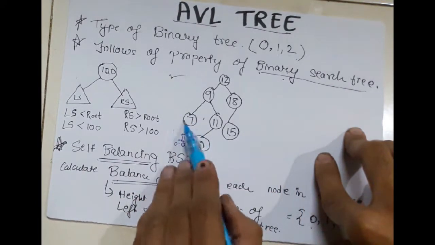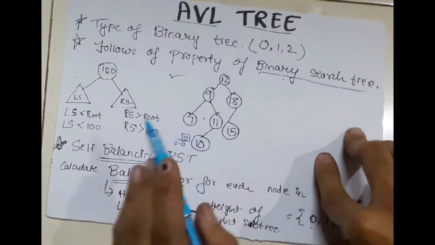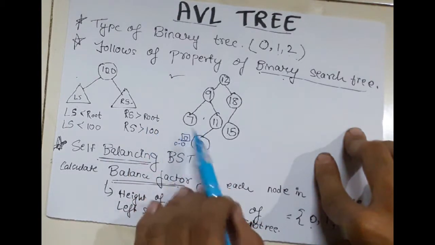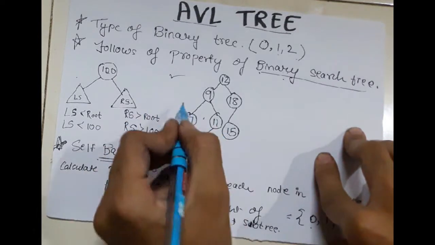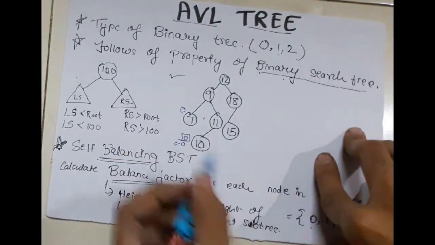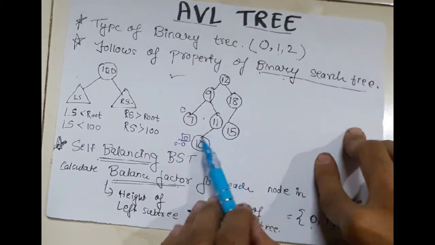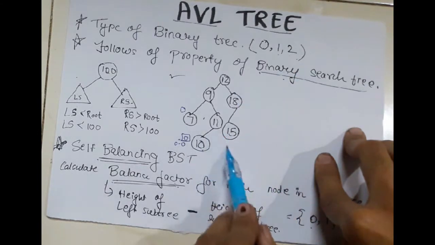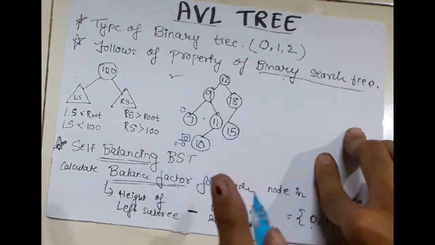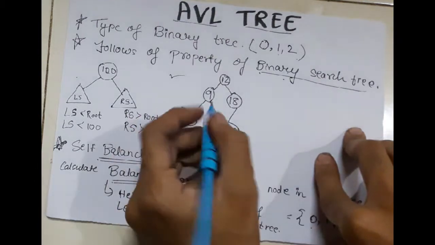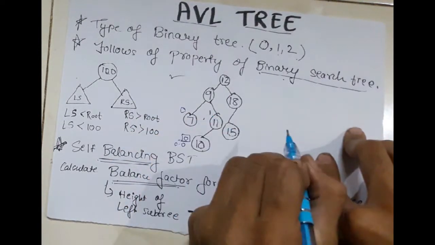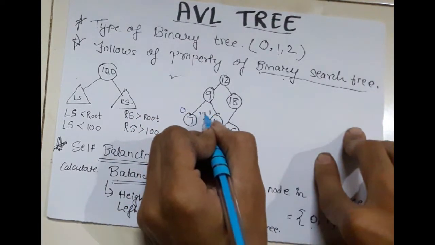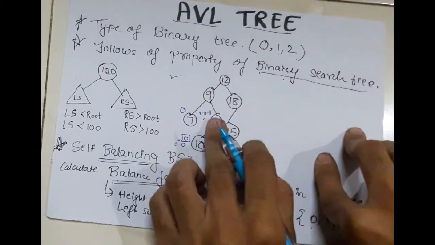So right and left subtrees of this node 7 have height 0. So 0 minus 0, 0. Now 11. So here left subtree height is 1 and right subtree height is 0. So 1 minus 0 is 1. Right? 1 minus 0 is 1.